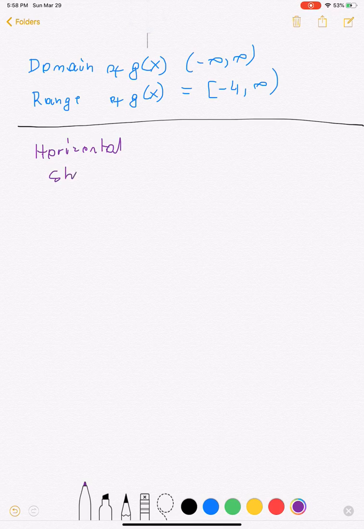Horizontal shift. For horizontal shift, we're going to have two translations: horizontal shift to the right and horizontal shift to the left. We're going to start with horizontal shift to the right. Okay, so f of x is the parent function, the original function.